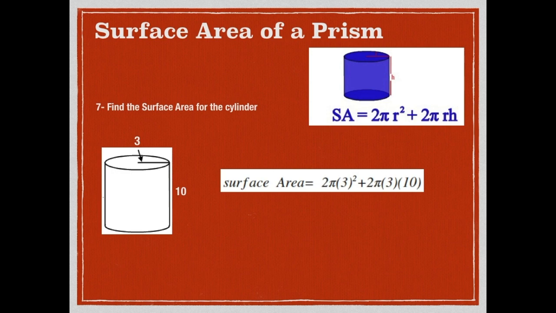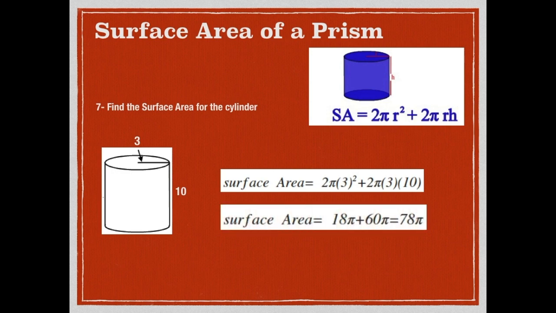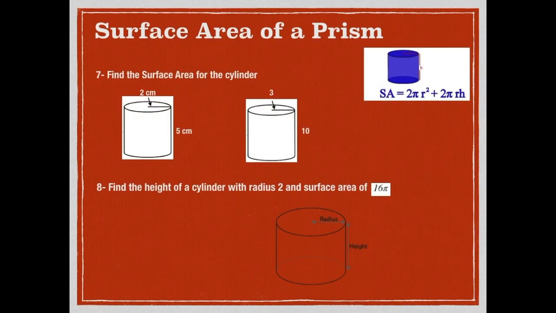The r is 3 and the h is 10. Just substitute in the formula. Calculate this to get this value, 78 pi. Of course, you need to pause this video and do your calculations.